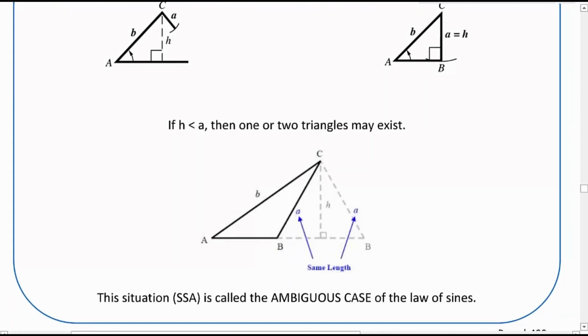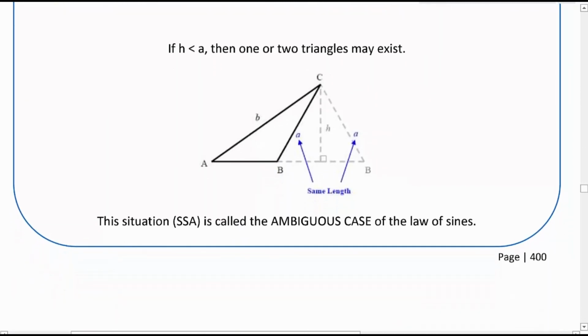Now, if the height is less than a, so our side a is longer than the height, 1 or 2 triangles may exist. And the reason for the option there is because we don't know what angle C is, we don't know how that third side swings.